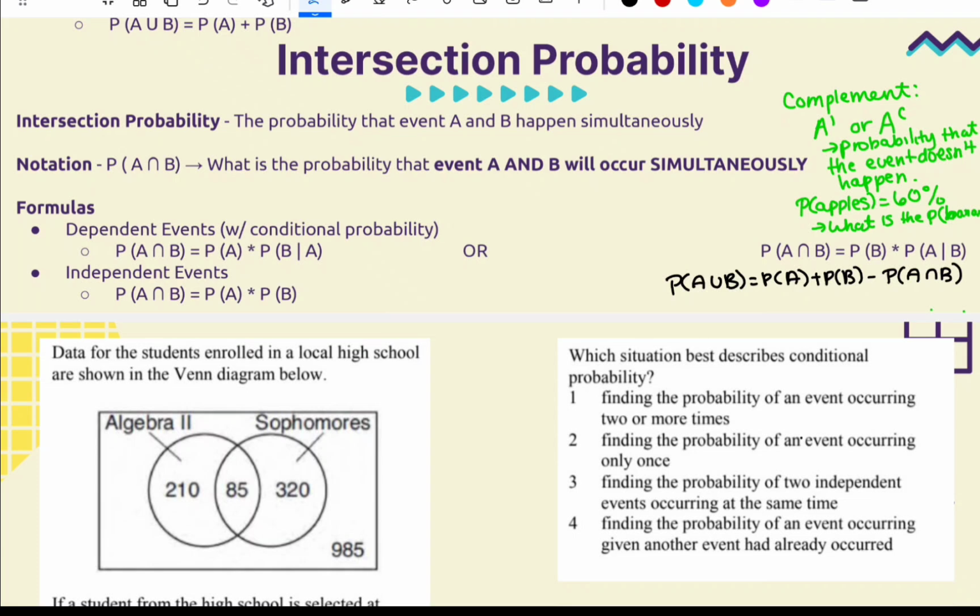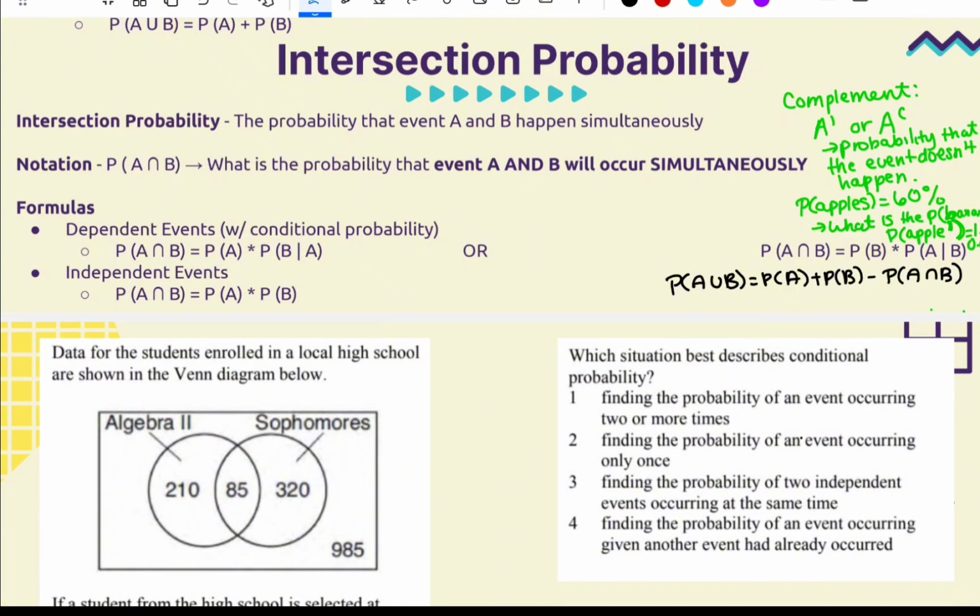If it had asked what is the probability of not getting apples, you're doing 100 minus 60%, or 1 minus 0.6. You would notate it as the probability of apple and then put the prime, or C. This means I'm doing 1 minus 0.6. That is complement. Complement is just the probability that the event does not happen.